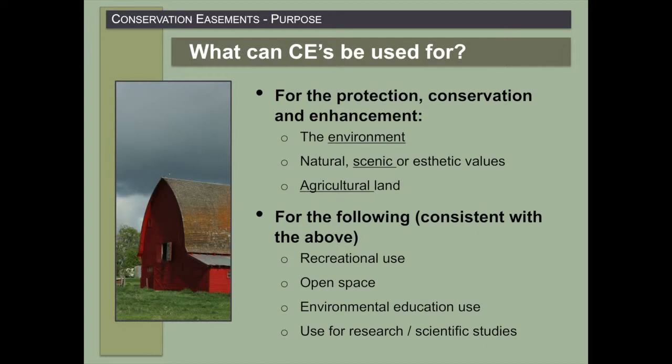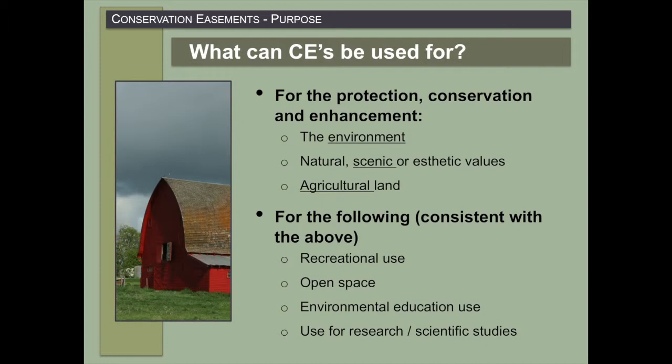What we had from the start was the protection, conservation, enhancement of biodiversity. When it changed into ELSA, they expanded biodiversity to say environment, natural, scenic, or aesthetic values. Personally, I'm not aware of an easement that's specifically done for that purpose. They get named sometimes, but it's generally not the main purpose that I've seen. I could be wrong. And then new, when it got moved into the Alberta Land Stewardship Act, we added agricultural land.